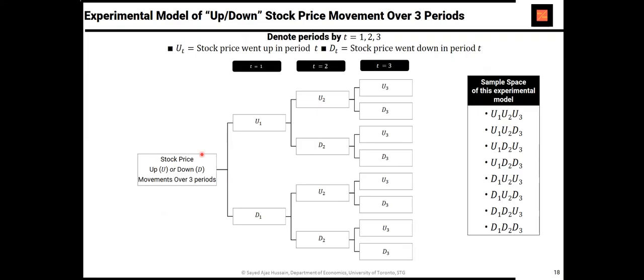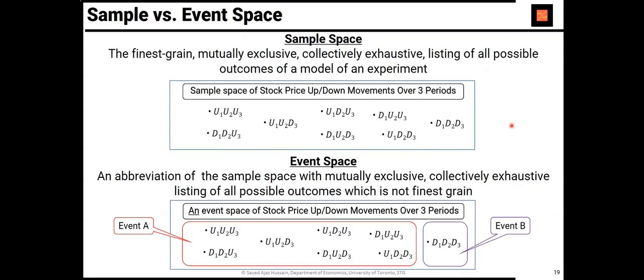So when you list every single possible outcome over 3 periods, you see that there are only 8 different possibilities. Right here: 1, 2, 3, 4, 5, 6, 7, 8. This is literally the sample space. The collectively exhaustive, mutually exclusive, finest grain listing of all possible outcomes. This is the sample space.